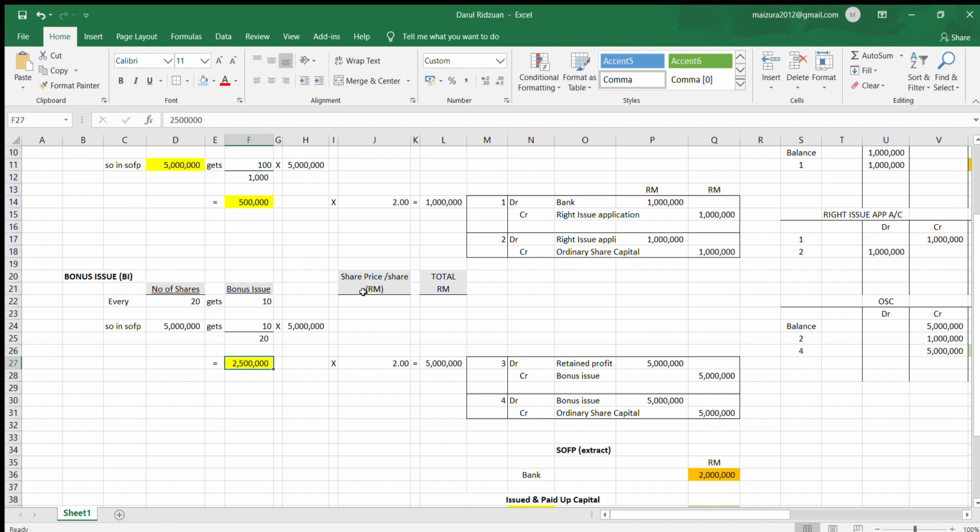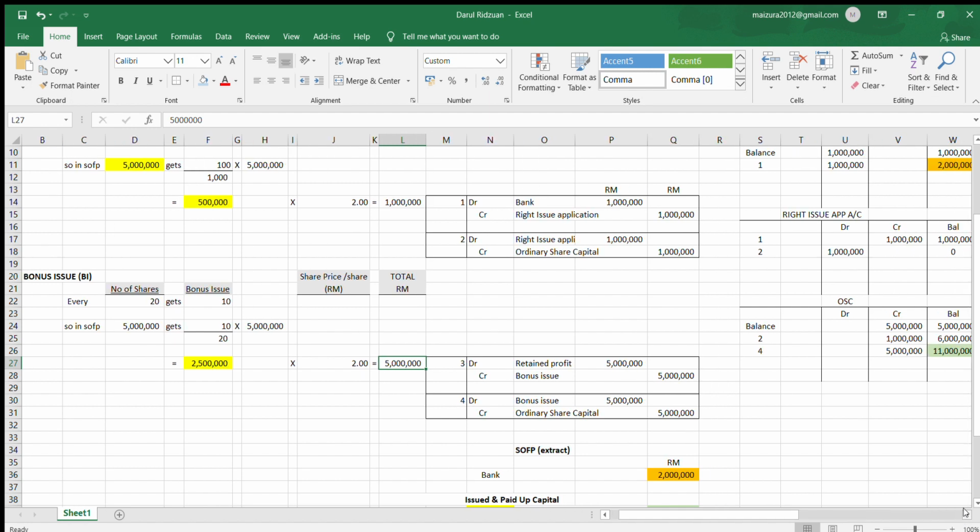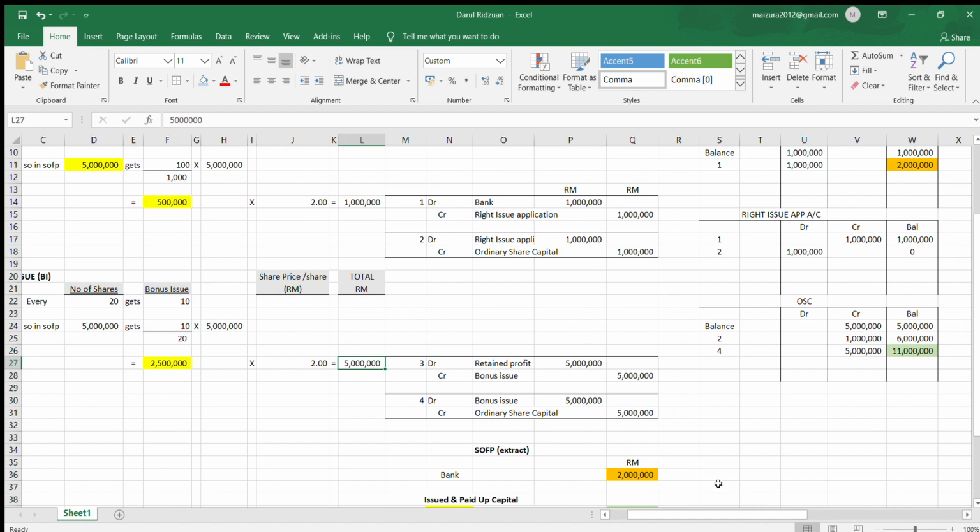Now you have to convert it to RM because your recording is in terms of monetary. Remember the monetary concept. The share price is 2 ringgit per share and you get 5 million, and for the double entry, this bonus issue is not taking money from the shareholder. If it were money from the shareholder, then we would debit the bank.